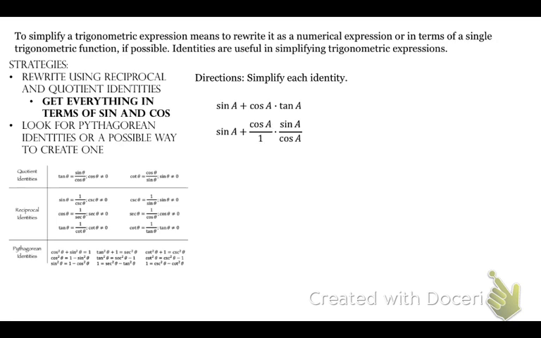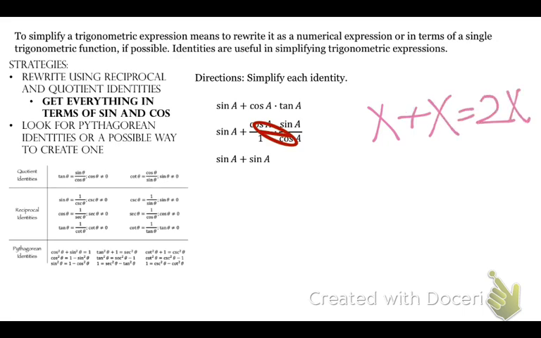Again, we can just put that over 1 and multiply straight across. When you multiply, we have a cosine on top and bottom, so they just cancel. So we have sine of A plus sine of A, which if you add two things that are the same, like if we had x plus x, that would equal 2x. Same thing here. If we have sine of A plus sine of A, that equals 2 sine of A.